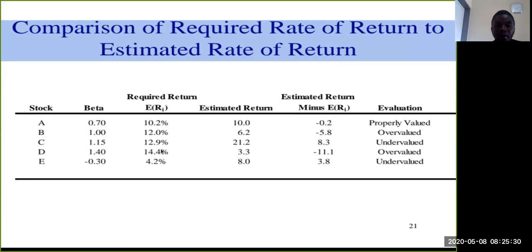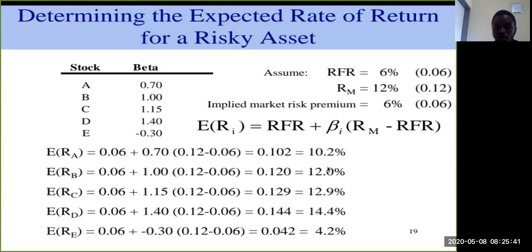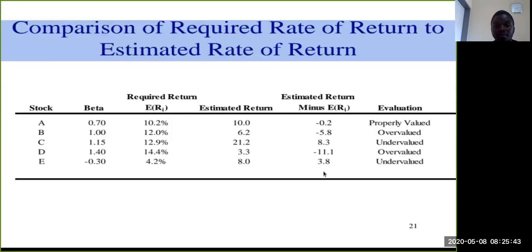And going on, for stock B, we got 12.0%. Comparing it with the estimated return, which was 6.2%, we got negative 5.8%, which is overvalued.